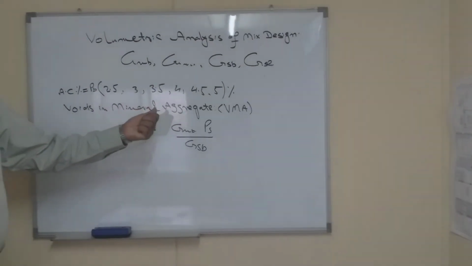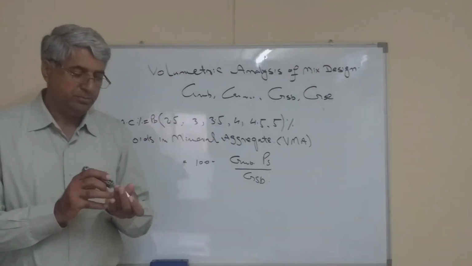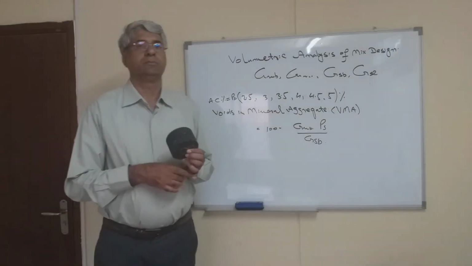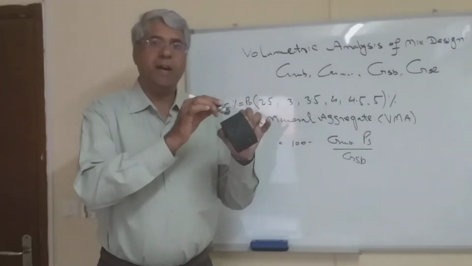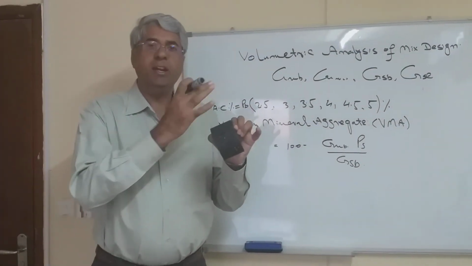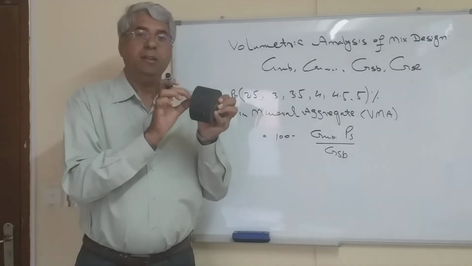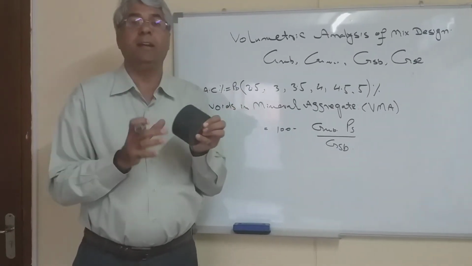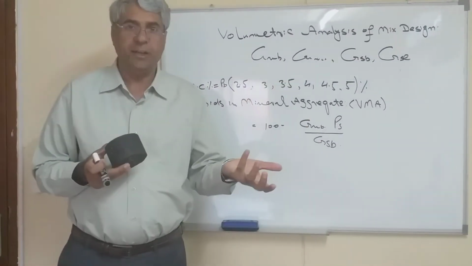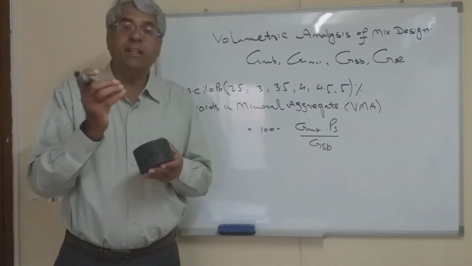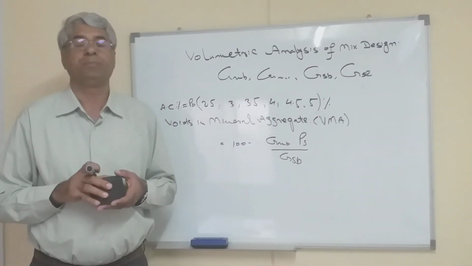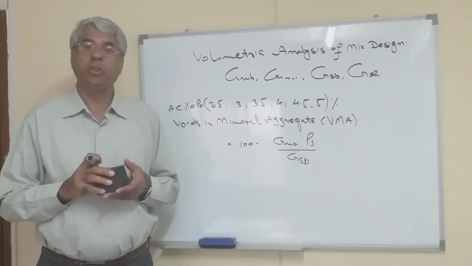But what is void in mineral aggregate? When this specimen is in the compacted form, the voids in mineral aggregates means the space from one aggregate particle to the other aggregate particle, including the pockets of air and including the effective asphalt content. Let me explain to you.